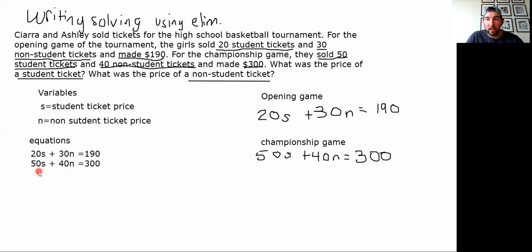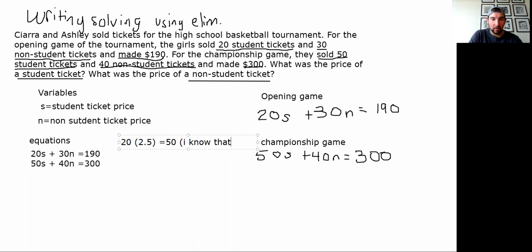Well, 20 times 2.5 is 50. So I know that 20 times 2.5 equals 50. That's just a fact.